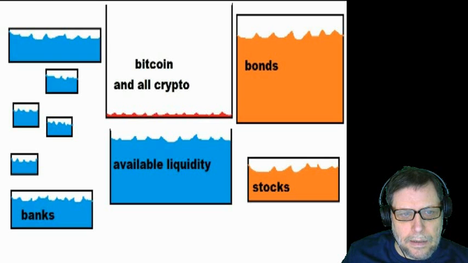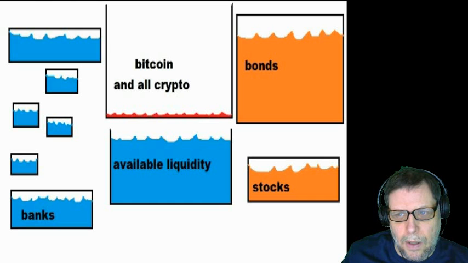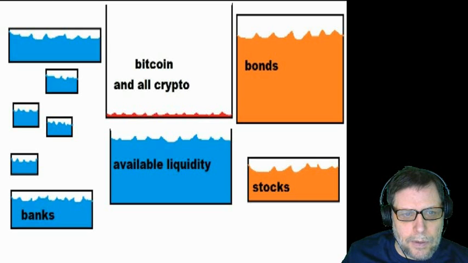It's like a monetary black hole that could quite literally suck up all of the world's liquidity. All of it. The stocks and bonds liquidity, all the orange liquidity, it can suck all of it up. It's a big enough tank to hold all of the money in the banking system and all of the available liquidity, just in one coin alone. Just Bitcoin could hold all of that.